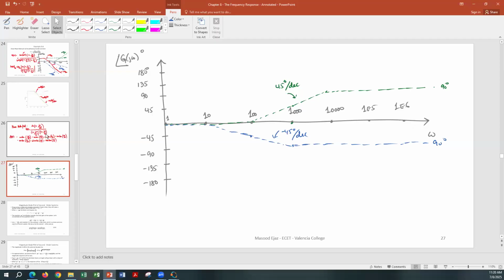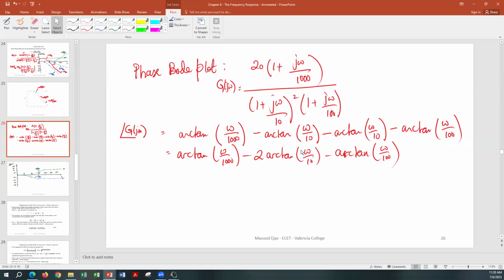Now the second factor, which has a square. Remember, arctan of omega over 10, how is it going to behave without the square? Until omega is equal to 1 radian per second, 1/10 of 10, it is 0.